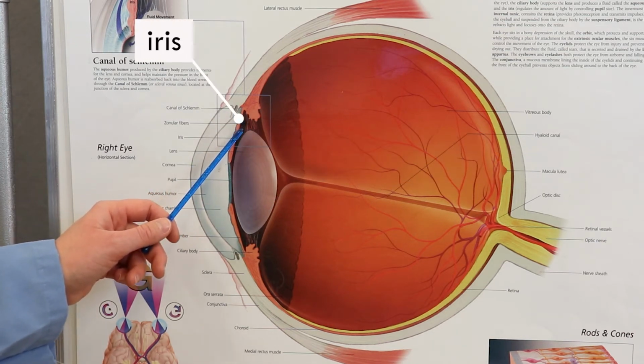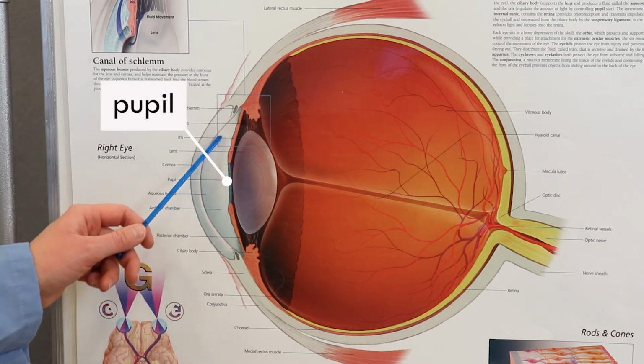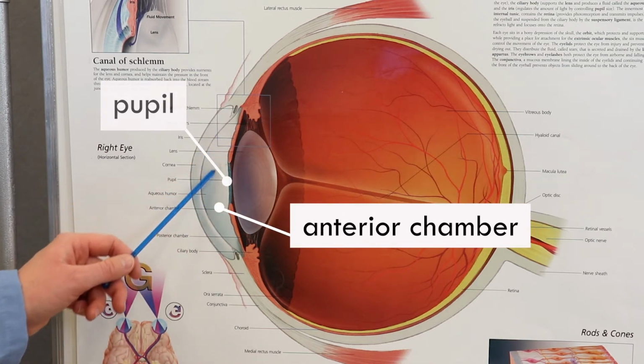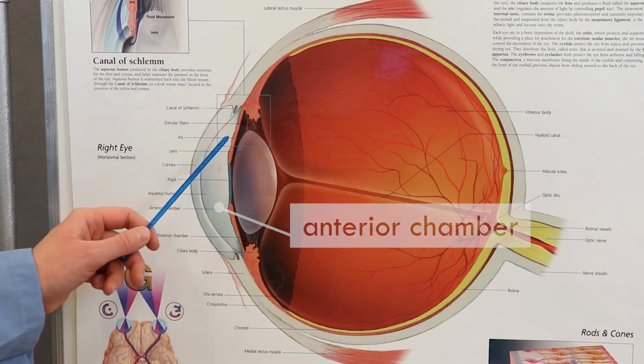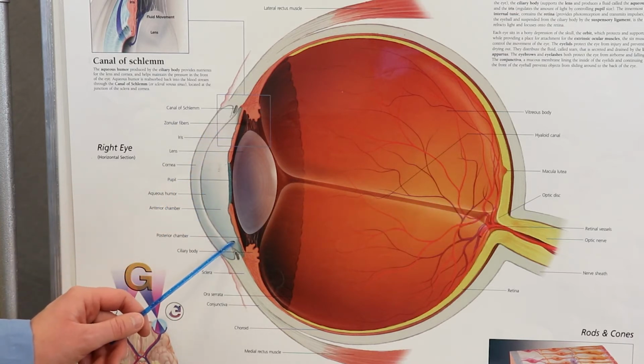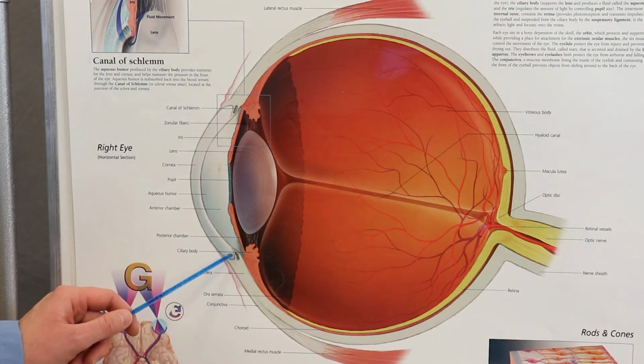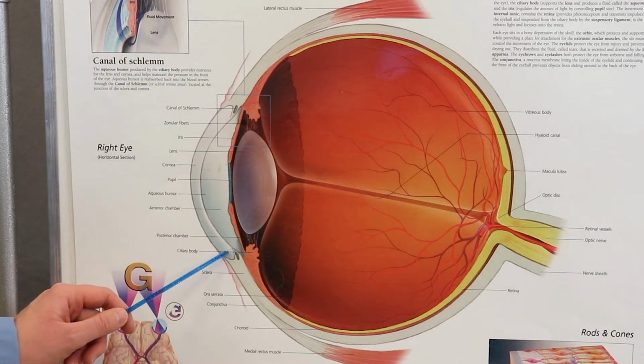So they'll go into the posterior chamber and then pass through the pupil into the anterior chamber, which is this part here between the iris and the cornea. And then that will drain out through the scleral venous sinus, or the canal of Schlemm. And if that gets blocked, then that can cause a buildup of aqueous humor, which is called glaucoma.